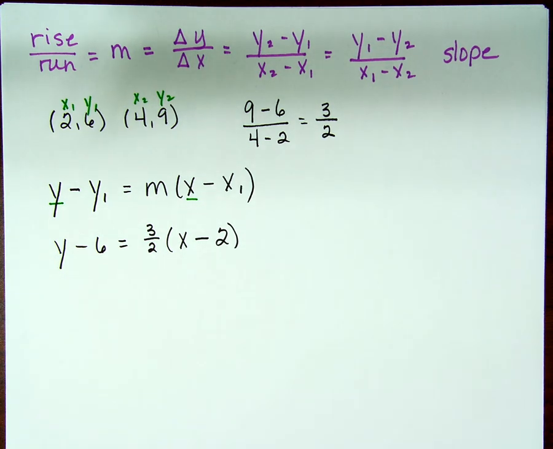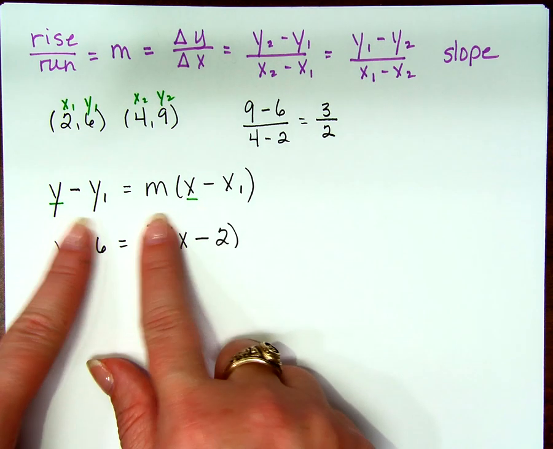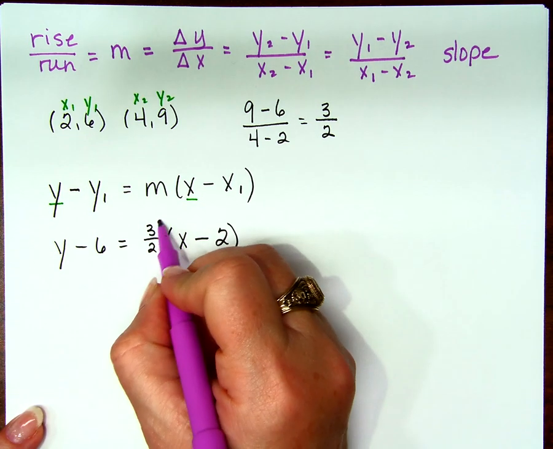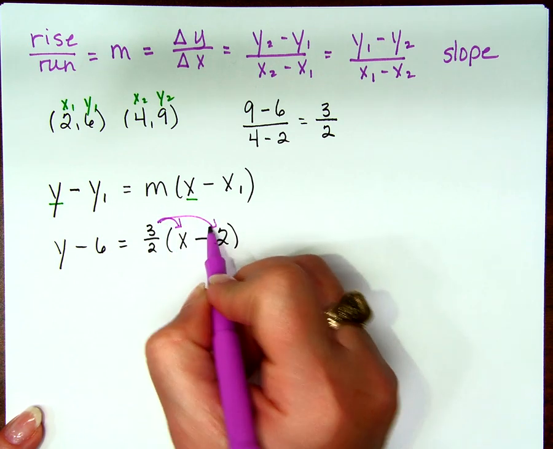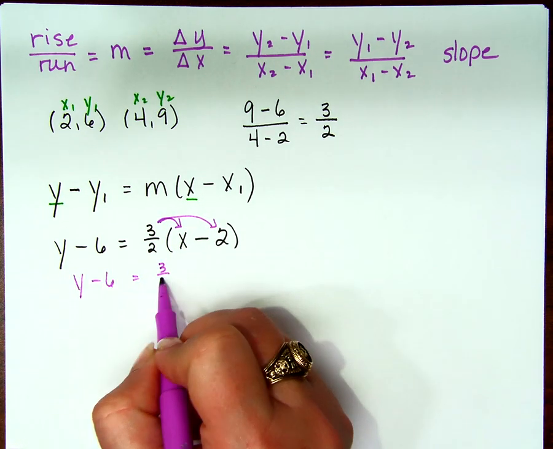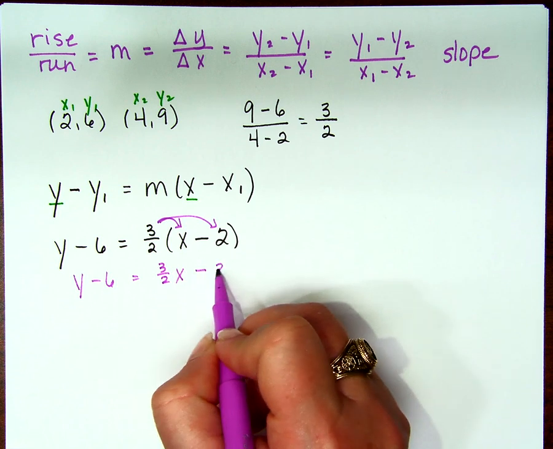But it may ask for the slope-intercept form of the equation. You can start with point slope form even to get to the slope-intercept form of the equation. Okay? And the way you do that is just by simplifying what we have. Okay? Distributing this 3/2 here and here gets us y minus 6 equals 3/2 x minus 3.